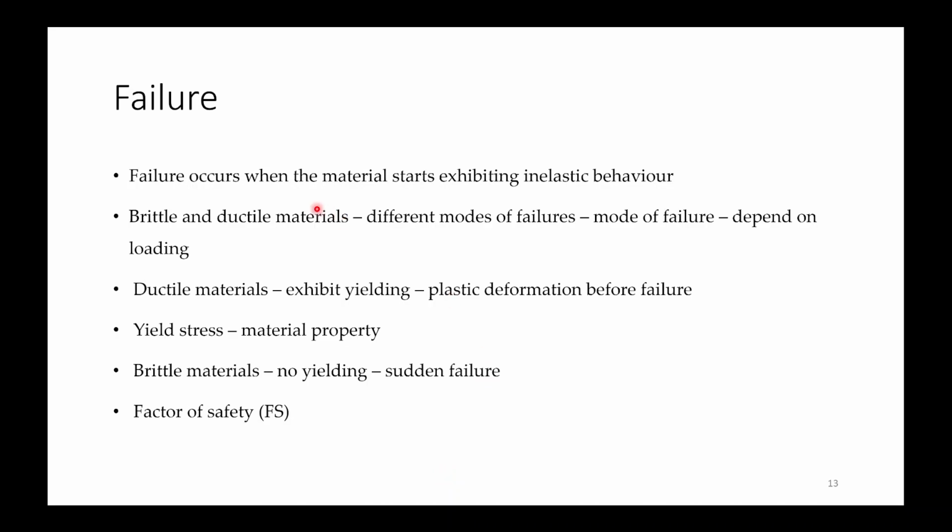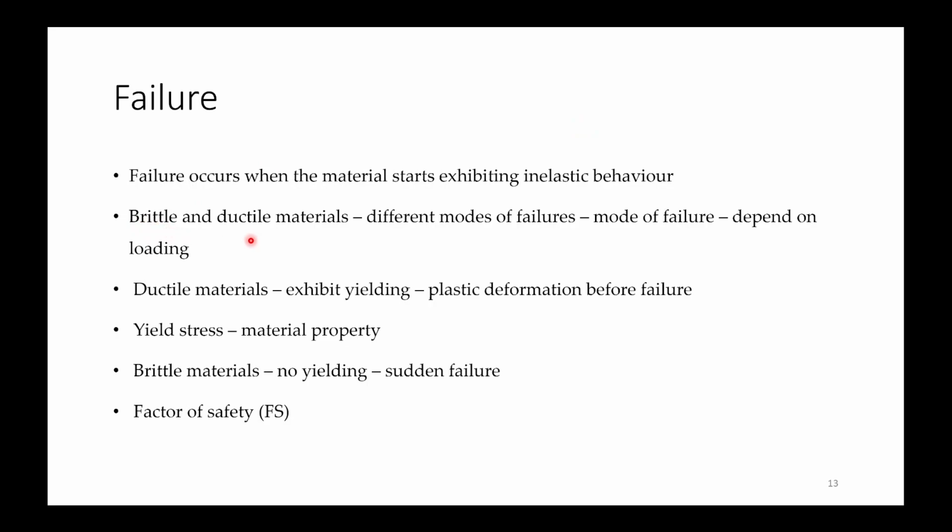Firstly, failure occurs when the material starts exhibiting inelastic behavior. When it is elastically deforming, it will regain its initial size and shape, so we are not worried about that part. We only say that the material has failed when it shows some permanent deformation.